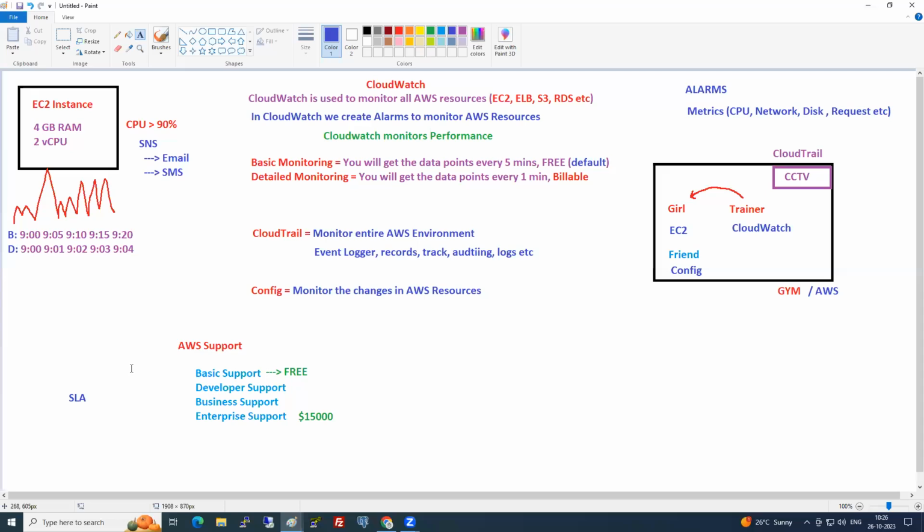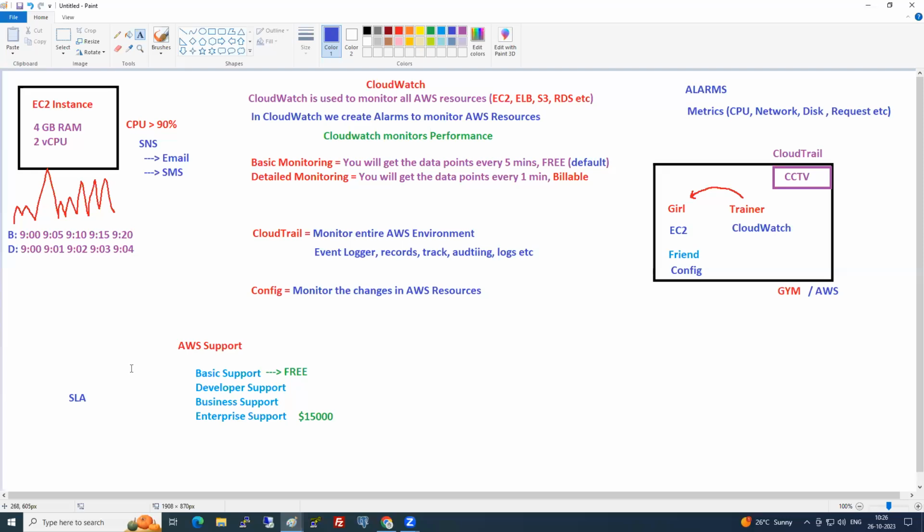So these are the main services, service level agreement. Till now, for so many days, we have been talking about the overview, no? These are the overview of the services that we are covering. Not only this, there are also other services that we'll be covering. But these are the main core services that we'll be covering in the coming days. You understand the overview?